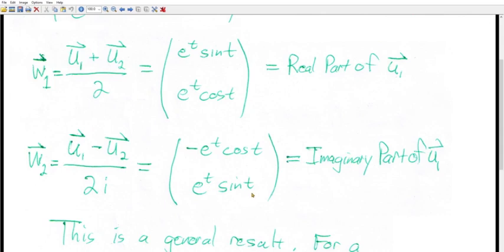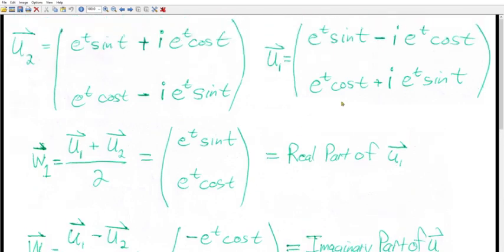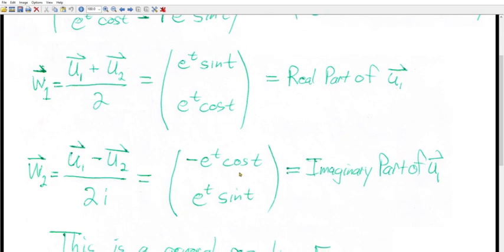So what we've discovered is that if you just looked at u1 and never bothered with u2, the real part of u1 gives you a real solution, and the imaginary part of u1, and remember the imaginary part is the real number that gets multiplied by i, gives you a second independent solution.